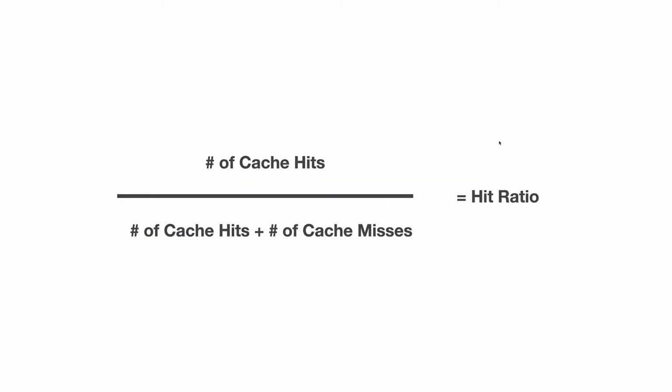Now it's easy to understand. The performance of cache memory is frequently measured in terms of a quantity called hit ratio. The number of cache hits divided by the number of cache hits plus the number of cache misses is called the hit ratio. We can improve the cache performance using a higher cache block size, higher associativity, reducing the miss rate, reducing the miss penalty, and reducing the time to hit in the cache.